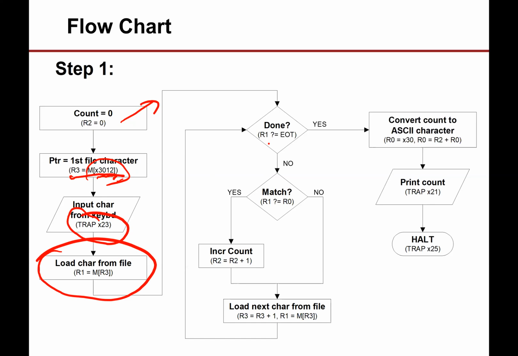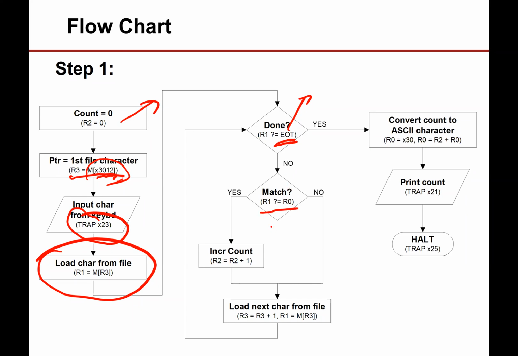But you need to check whether it reaches the end of this file. So how to check? EOT is the sentinel. That is specified, saying okay, this is the end of the file. If it's yes, then that's it. You have done everything. If it's not, then you need to do the matching.